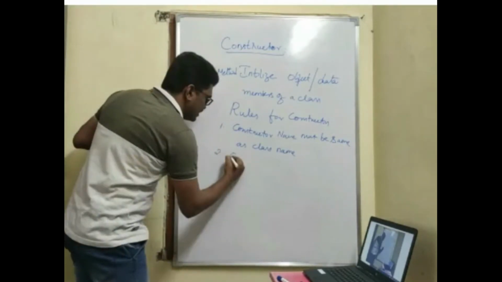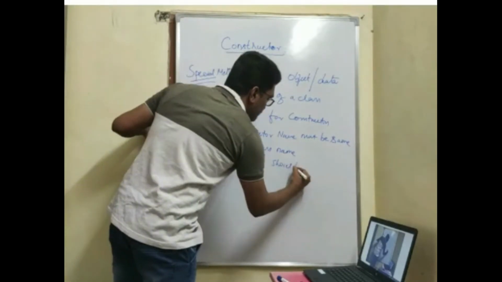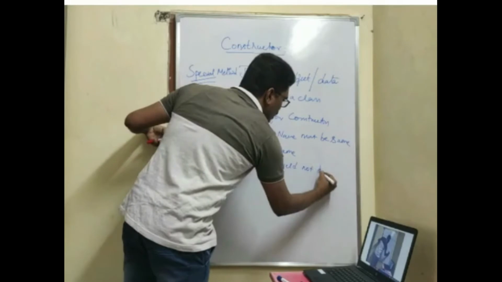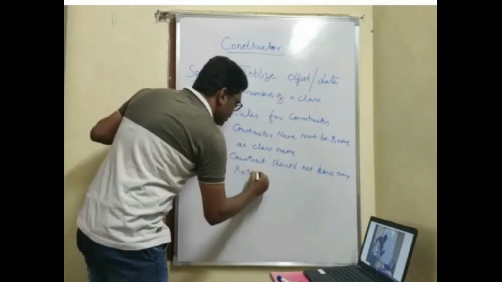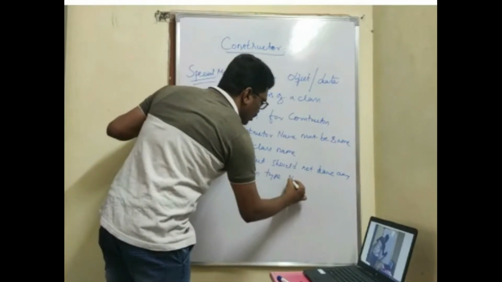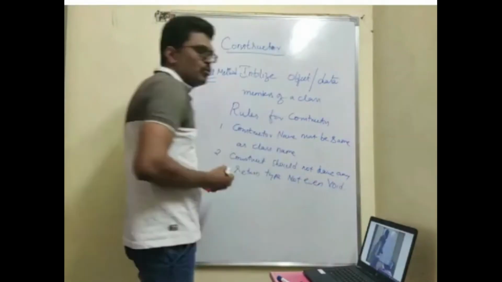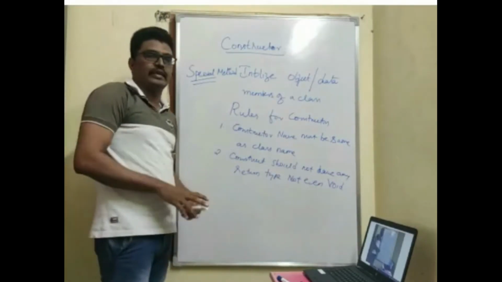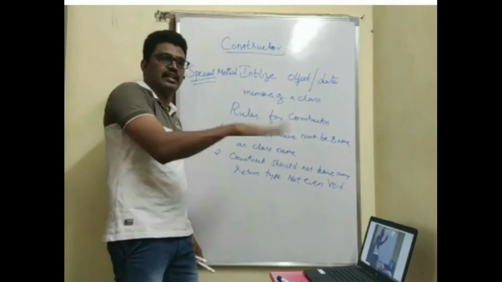The second rule: a constructor should not have any return type, not even void. You should not give void also. Normally, for any method, if it is returning something, we specify that as the return type.